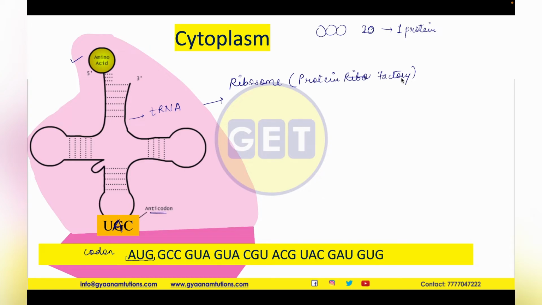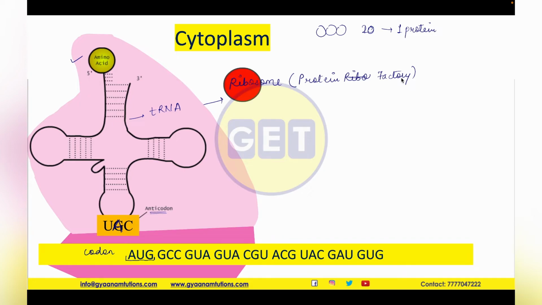Without ribosomes, the proteins are not going to be prepared, and that is one of the reasons the ribosome cannot travel to the nucleus and DNA cannot travel to the cytoplasm, because both are bulky. Because of that, mRNA is introduced, which carries the message of the DNA to the cytoplasm where the ribosomes are, and there the proteins are produced.